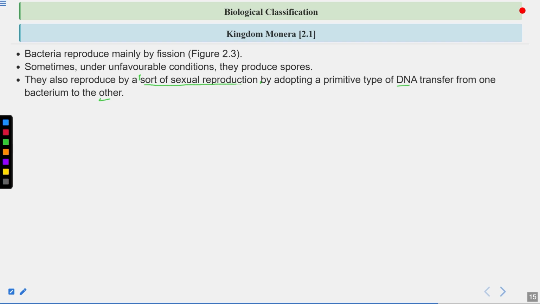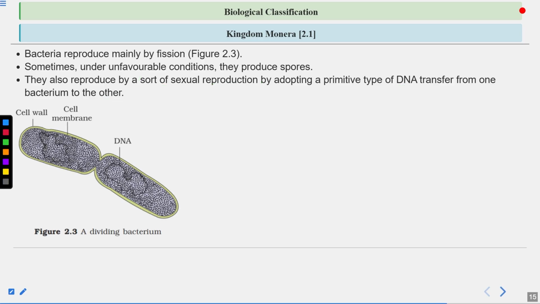This is known as horizontal gene transfer: transfer of DNA within one generation from one bacterium to another. You must have heard about conjugation. In conjugation, one bacterium forms a sex pilus, and through this sex pilus the two bacteria get connected, and then one of the bacteria transfers DNA into the other bacterium.